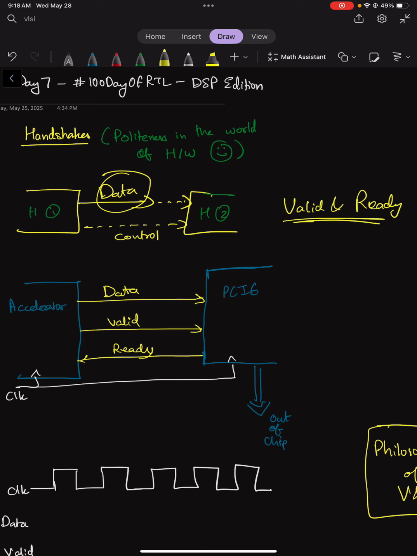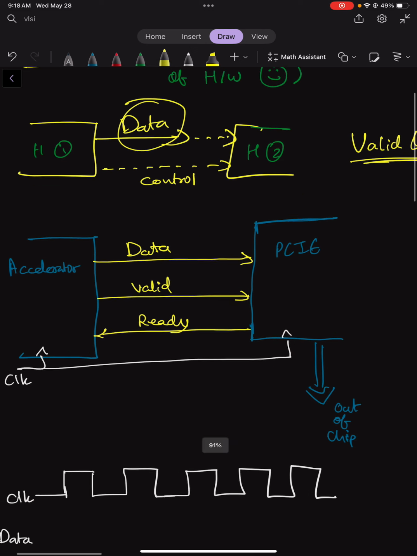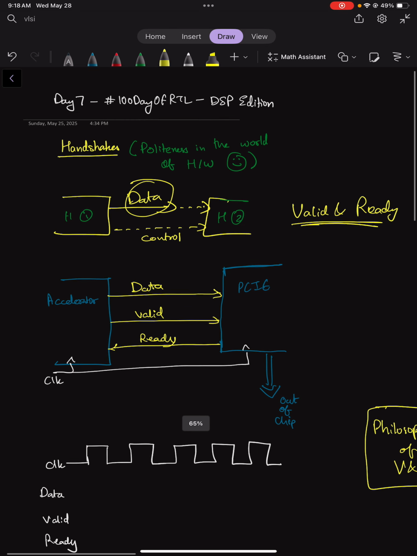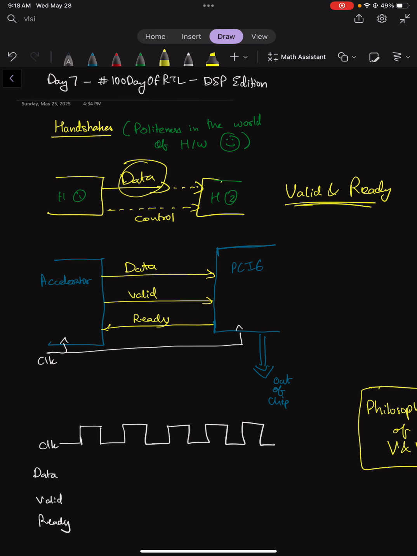So, what are these handshakes? Imagine a scenario where you have an accelerator sitting on the chip. This is the chip boundary, right? You have an accelerator sitting on the chip, and you have a PCIe bus on the chip. And this PCIe bus is basically responsible for routing the data from the accelerator to outside of the chip.